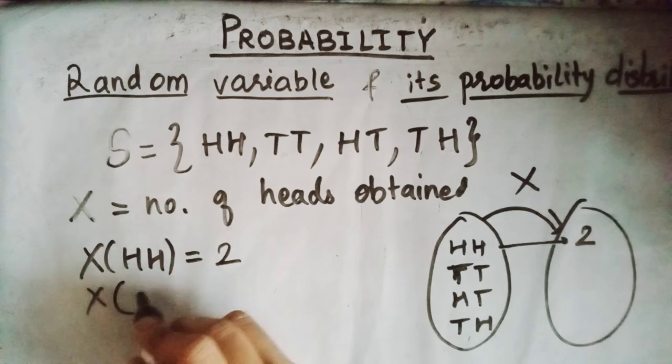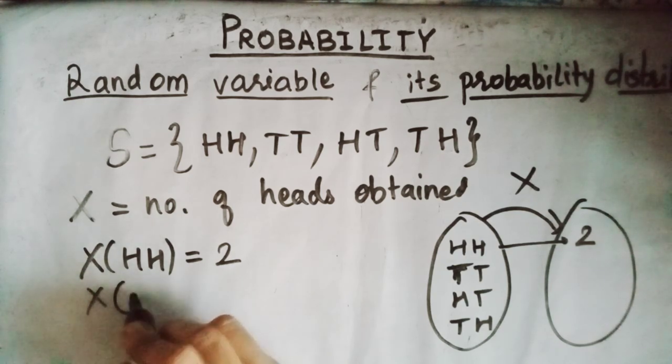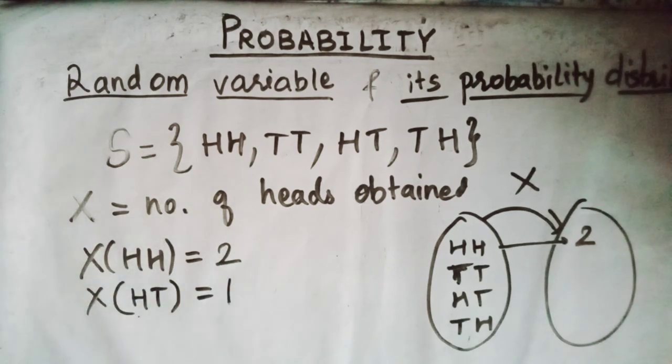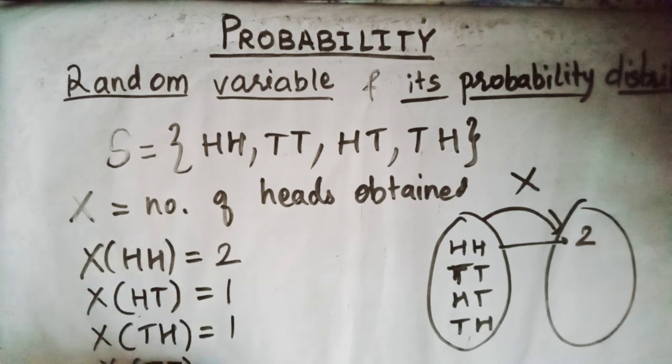Then number of heads obtained, HT will be only one head, so 1. TH will be 1 and here will be 0. So we have X of HH, that is heads are 2, that's why this number. This is your codomain set, a set of real numbers. It can be any number.